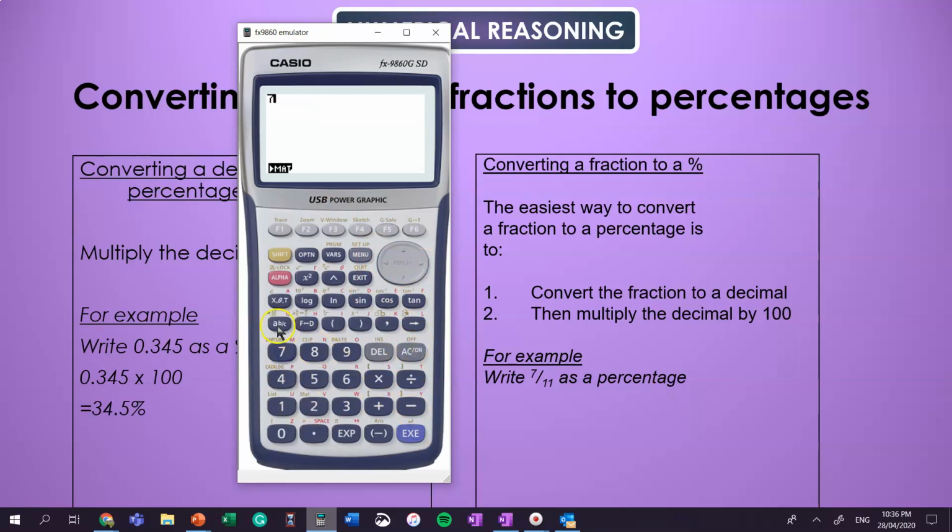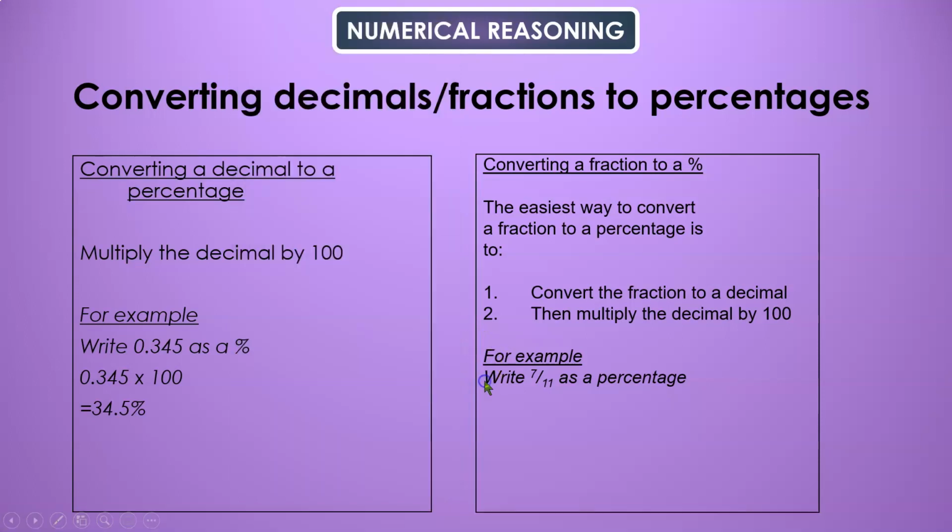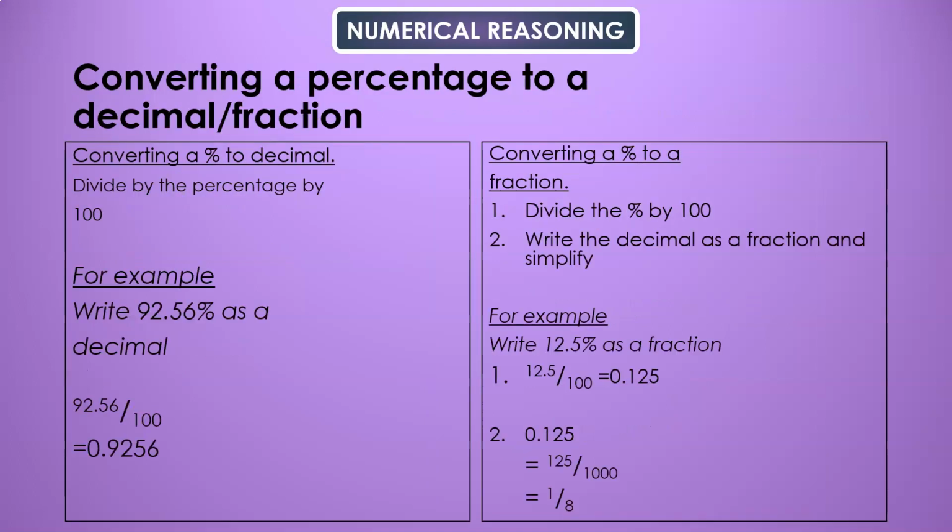Let's try that again. So 7 ABC 11 equals times 100, and I can change that into a decimal by doing that. So it's 63.633, or 63.64%, rounded to 2 decimal places.